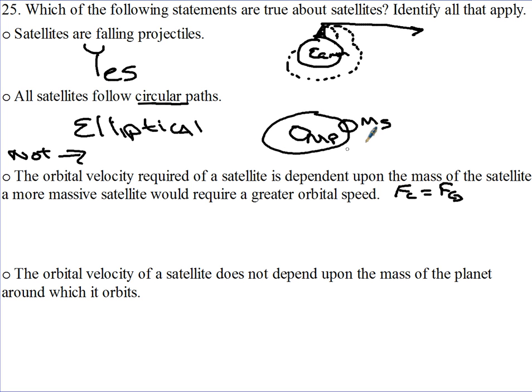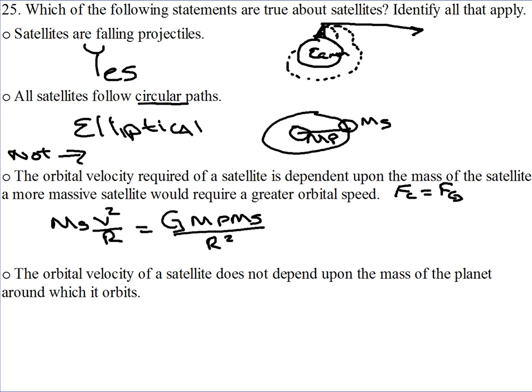Fc is the mass of your orbiting object, so it's the mass of the satellite times v squared divided by the radius. Remember, the radius is how far from the planet you are. And this has to equal big G, mass of the planet, mass of the satellite, divided by r squared.